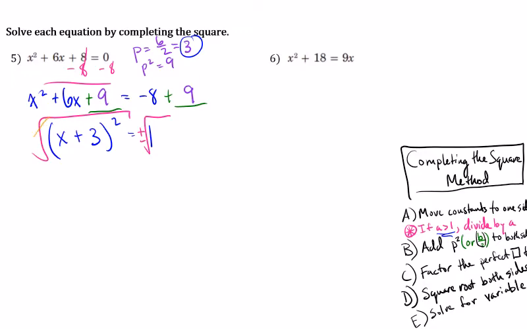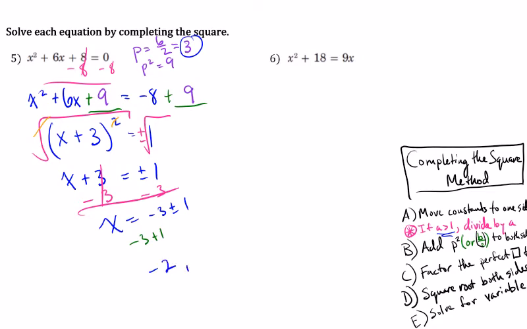The square root cancels out the square, so now I have x plus 3 equals plus or minus 1, since the square root of 1 is 1. Then I subtract 3 from both sides, and we get x equals negative 3 plus or minus 1. That turns into negative 3 plus 1, which is negative 2, and negative 3 minus 1, which is negative 4. So those are our two answers.